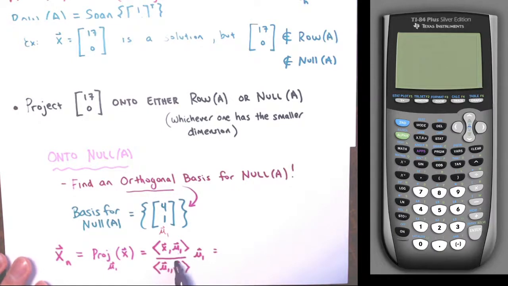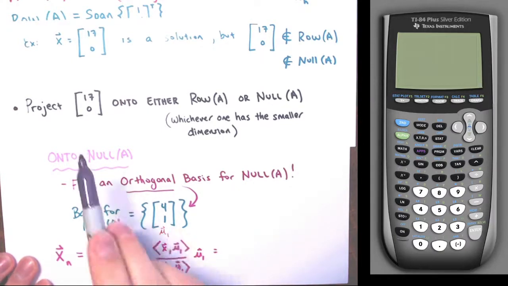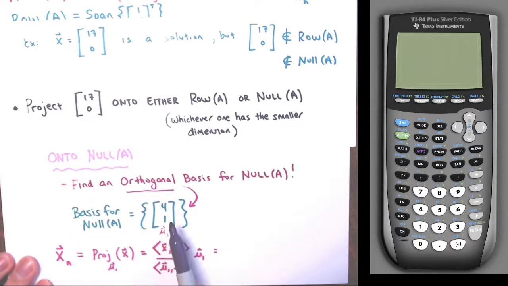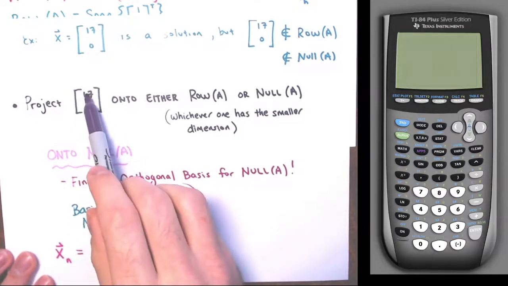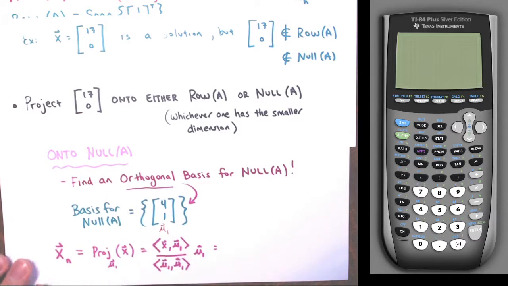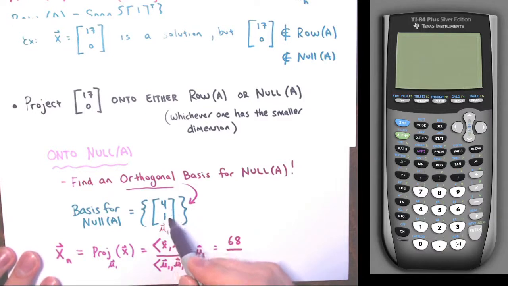The inner product here is the dot product. In the numerator of the scalar, the dot product of 17, 0 and 4, 1 is 17 times 4 plus 0 times 1, that's 68. Then the inner product of u1 with itself, 4, 1 with itself, is 16 plus 1, that's 17.